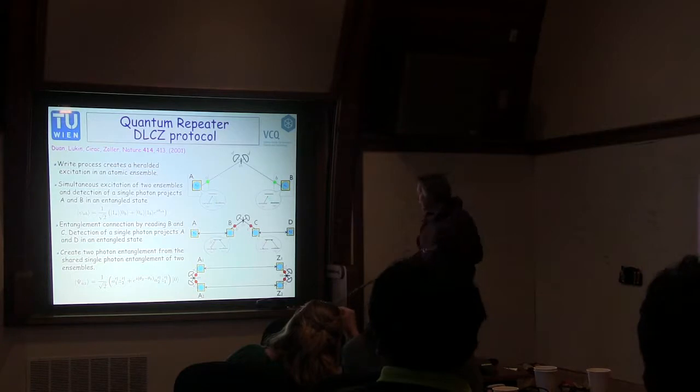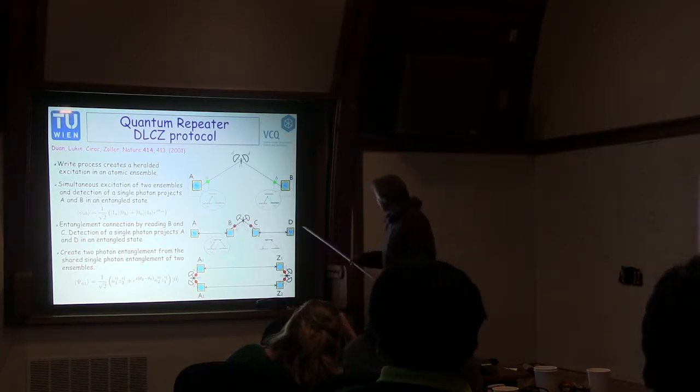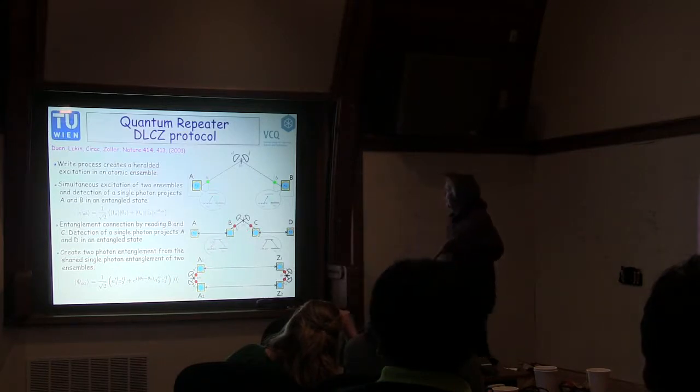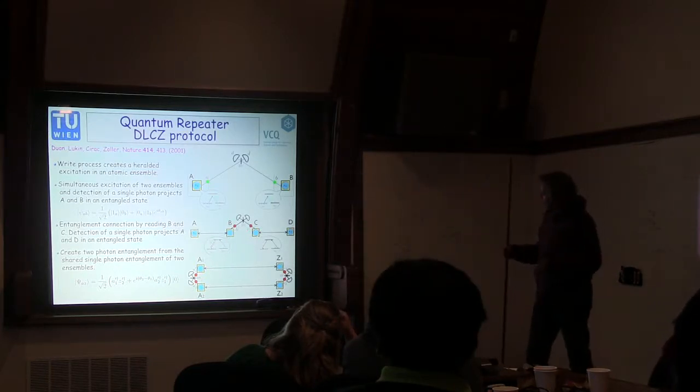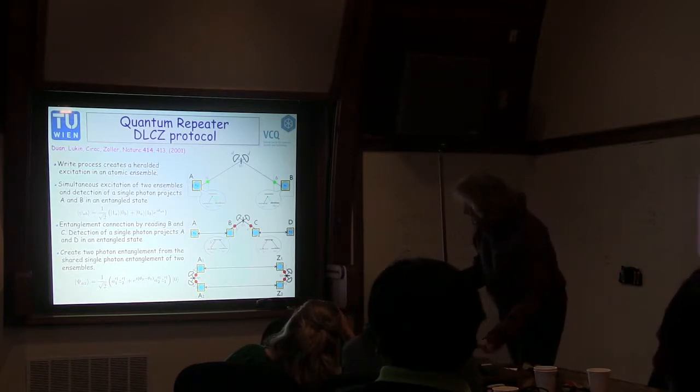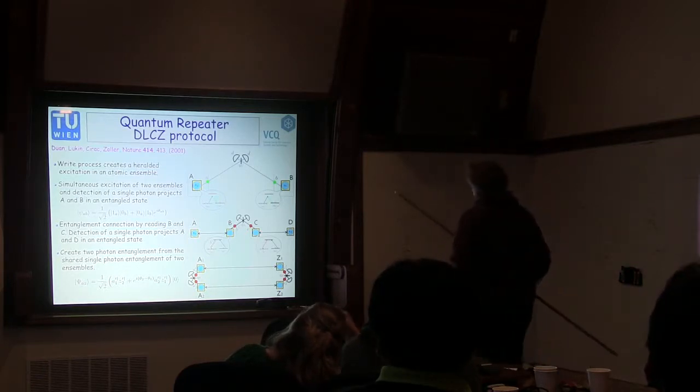You can do whatever you want with entanglement between A and D, which is a path-like entanglement. So this was the original idea from Peter and from these four guys.